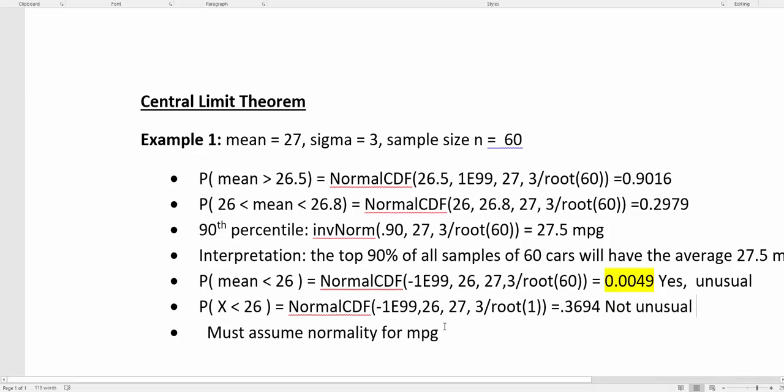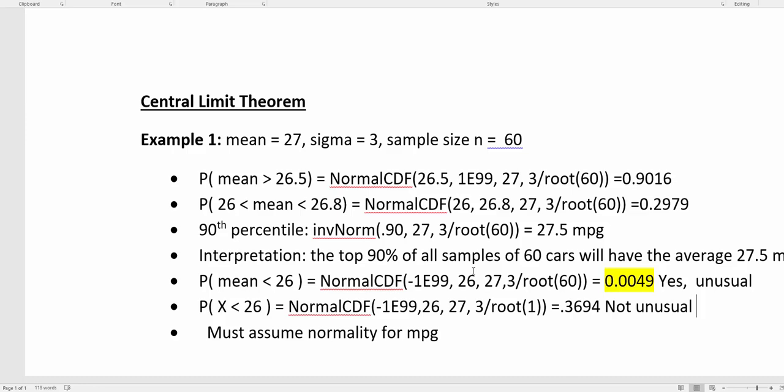Do you see how these are different? They're asking two different questions. The first one asks: is it unusual for the entire sample to have a sample mean lower than 26? Yes, this is the probability, and it's so small. What about just one car? Would it be unusual for just one car to be lower than 26? Not so much. Pretty high chance, actually. I wanted you to see this difference. Really think about what it means when we talk about a random variable versus the distribution of the sample mean.